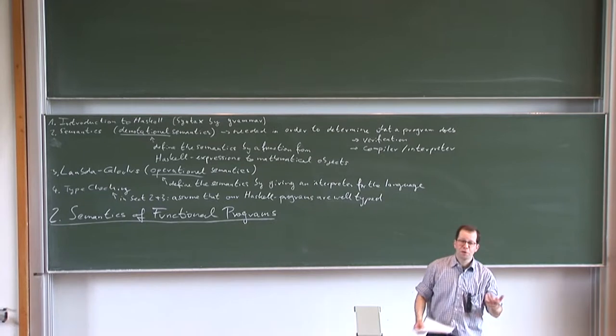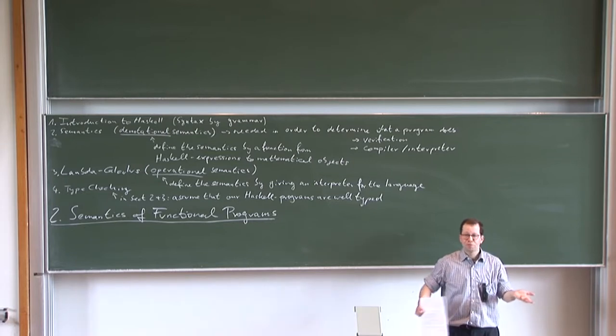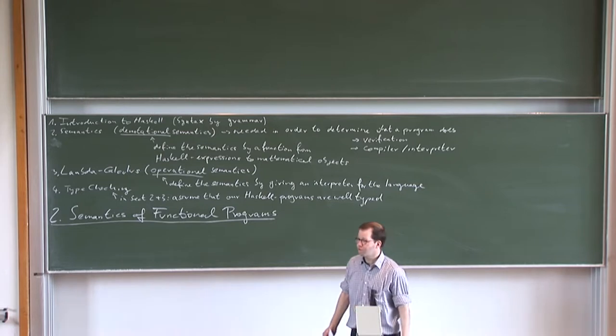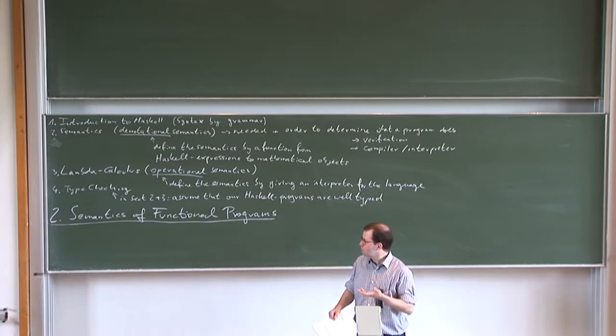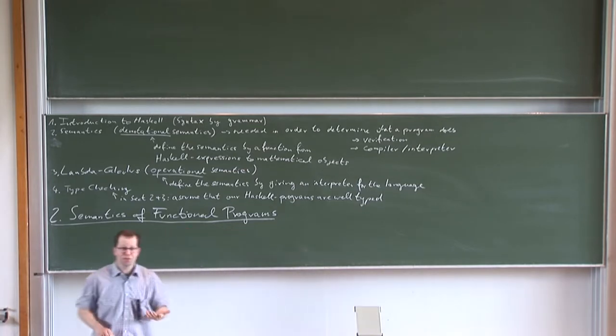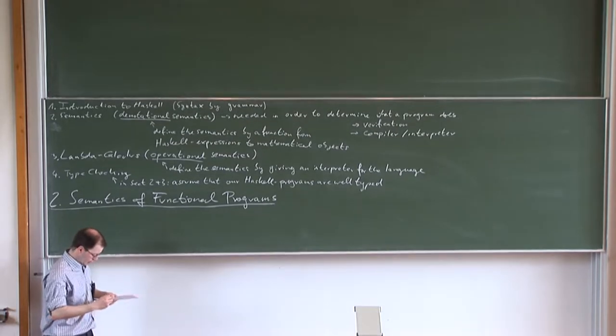Now, if we want to map expressions of type int, we would like to map them to integers. Expressions of type Boolean, we would like to map them to Boolean values. But to define the domain of those mathematical objects that we use for the semantics, to define this formally, we need some kind of mathematical background.